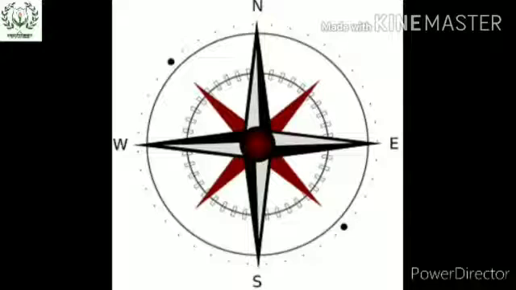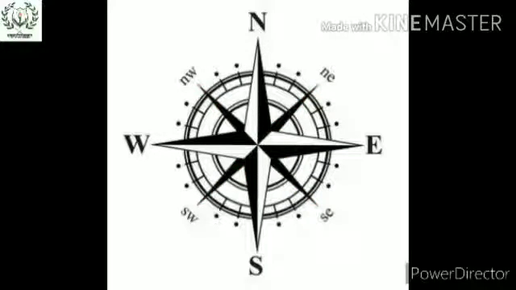The right side of the map is the east and the left side is the west. When you know the four main directions, you can easily locate other sub-directions. For example, northeast lies between the north and east, northwest between the north and the west, southwest between the south and the west, and southeast is between the south and the east.